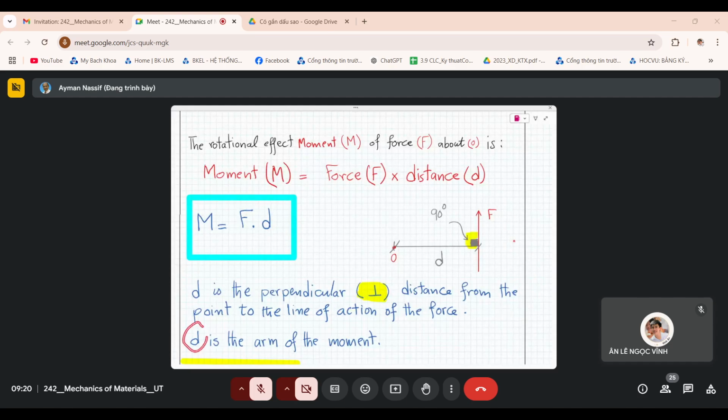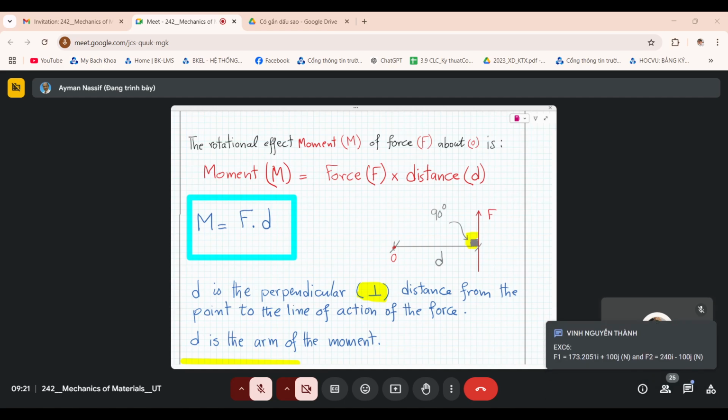So the value D is called the arm of the moment. It's always good to talk about what is the arm of this moment, the arm of this rotational effect of this force?